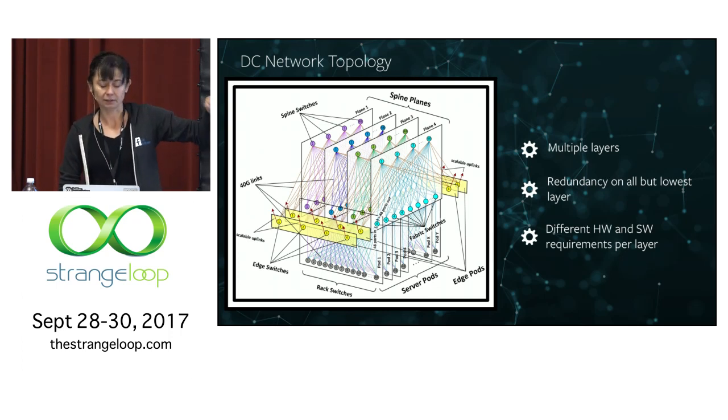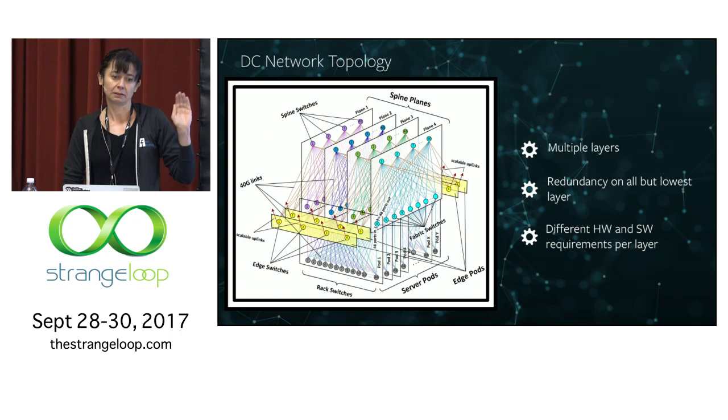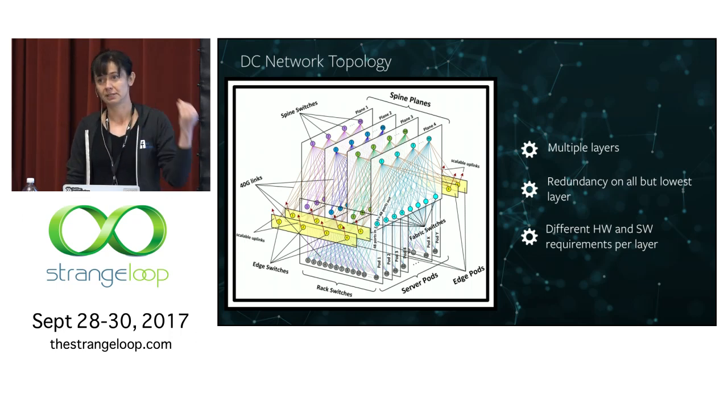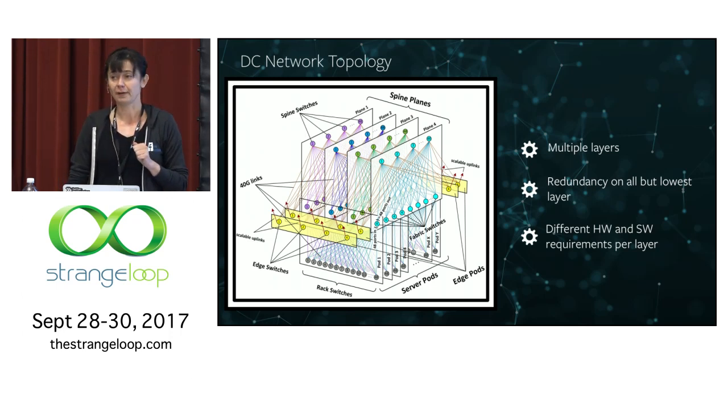Rack switches connect to what we call fabric switches, which are a bit bigger. An interesting thing is that every rack switch connects to 4 fabric switches. So there's redundancy on that layer, and the network is designed in such a way that if any one of those 4 fabric switches goes down, traffic is still flowing fine.